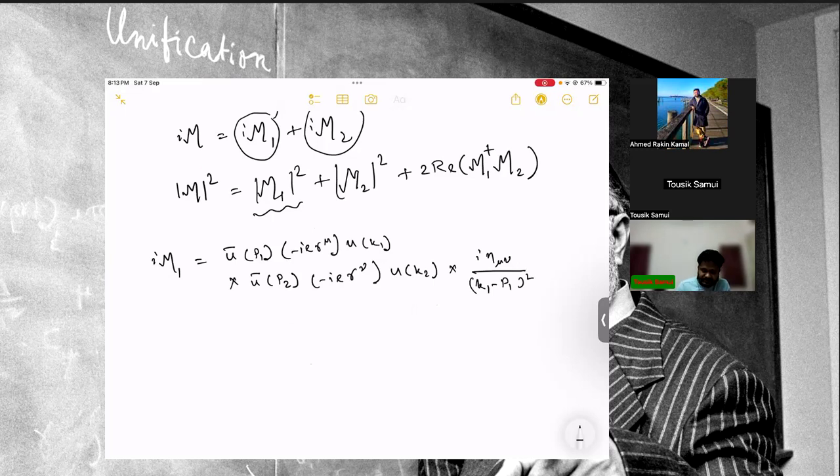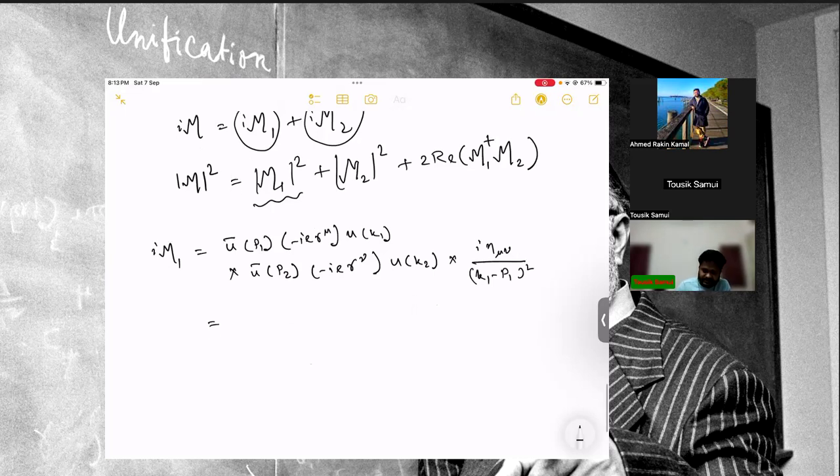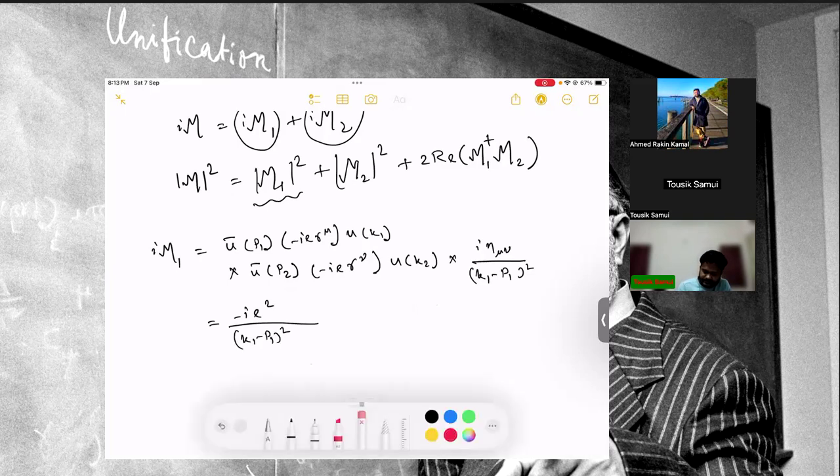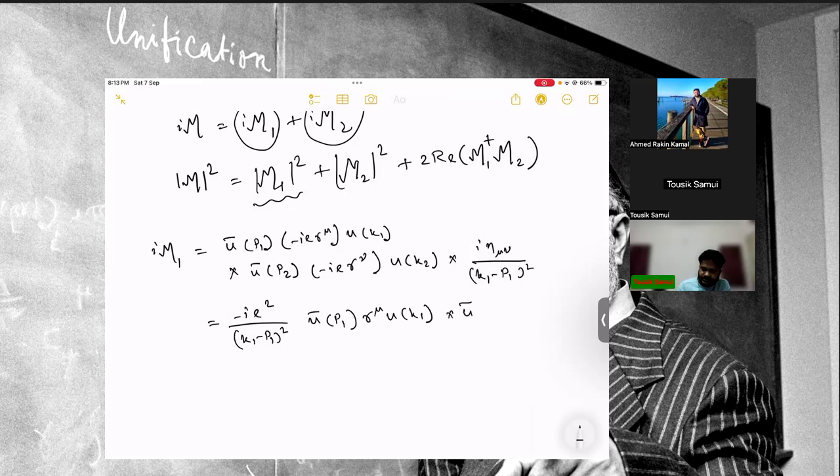Now if we want to compute this, let me club all the i factors and signs. It will be minus i squared over k1 minus p1 whole squared, and then u bar of p1 gamma mu u of k1, times u bar of p2 gamma mu u of k2.